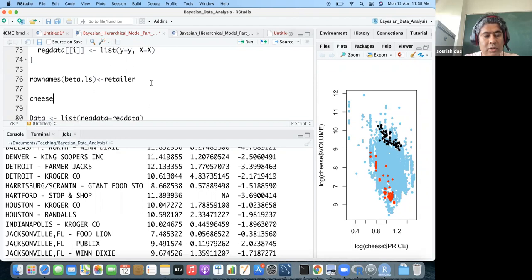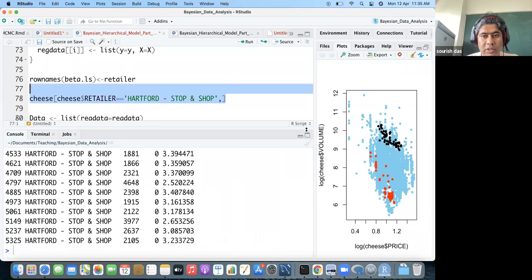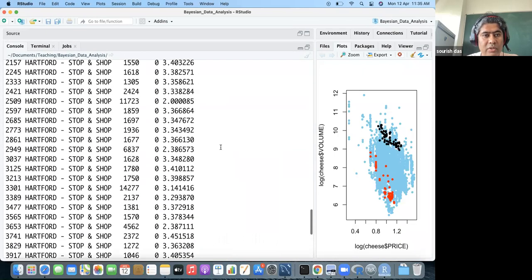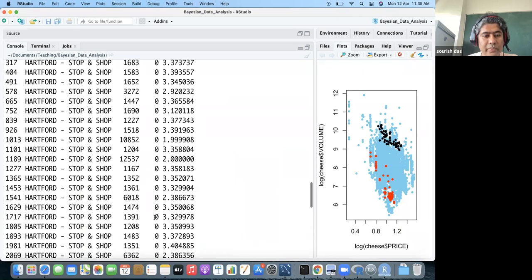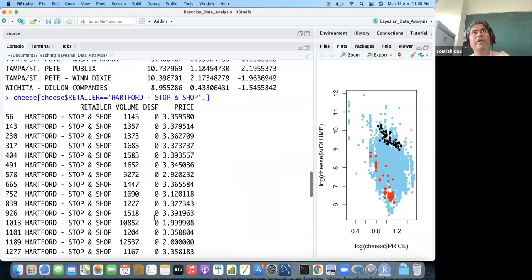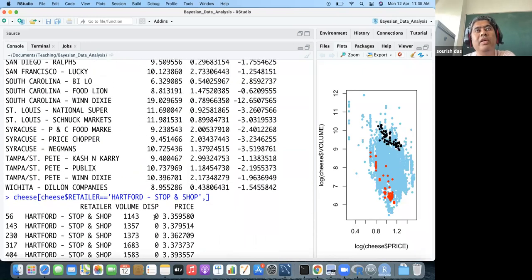See, the display activity in Stop and Shop was always 0. They never did any display activity here.